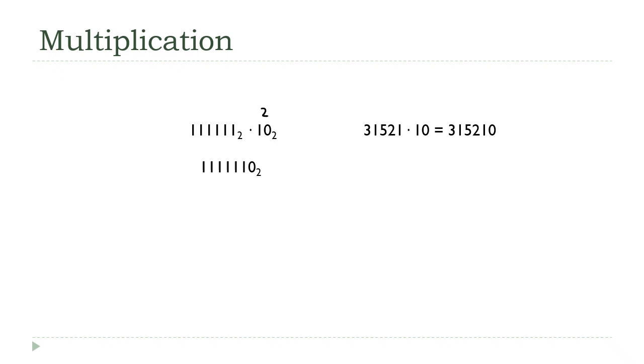This is exactly analogous to what goes on with decimal numbers. In each of these cases, I multiplied the original number by a power of the base. So if I take a binary number and multiply it by a power of 2, all that does is move the point around, just like what happens when we multiply a decimal number by a power of 10.